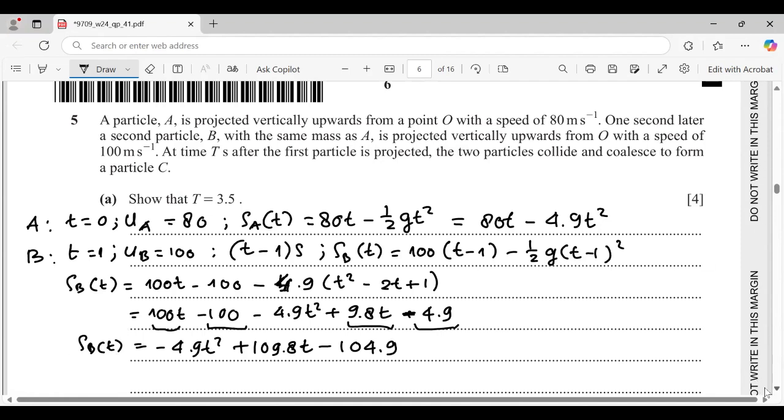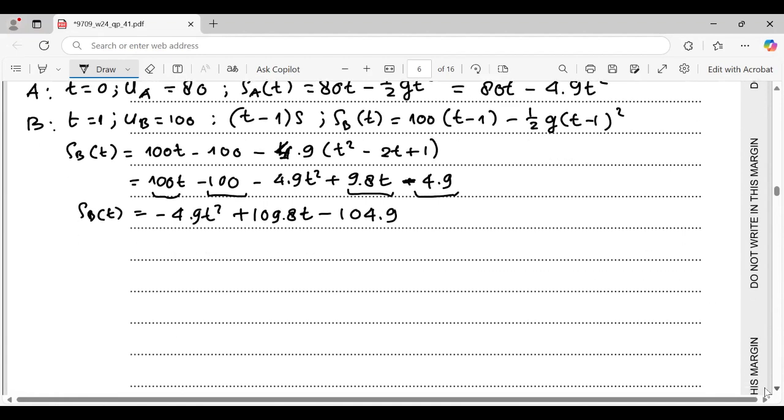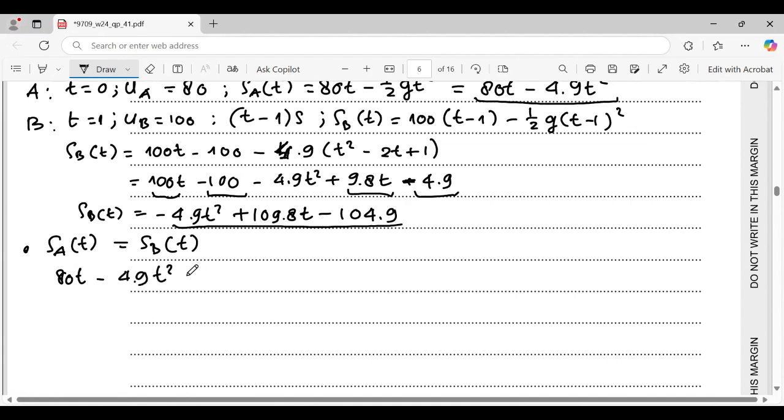Next, when A and B collide, SA at t equals SB at t. So this equals this one. 80t minus 4.9t squared equals this expression.